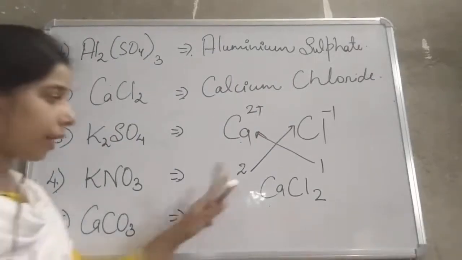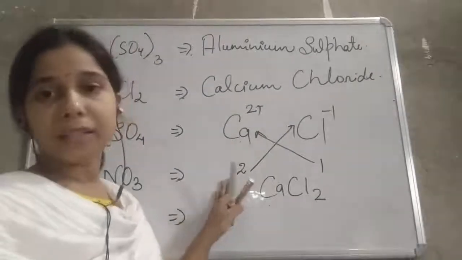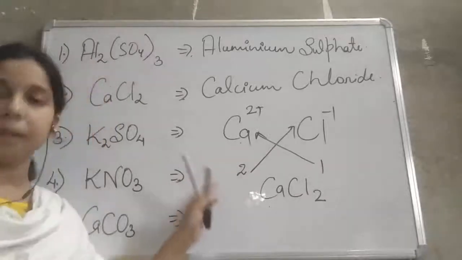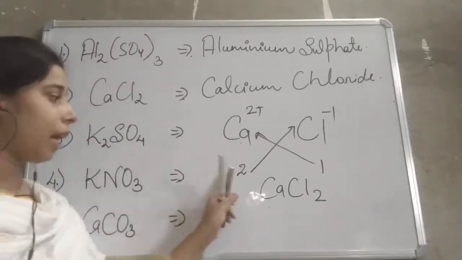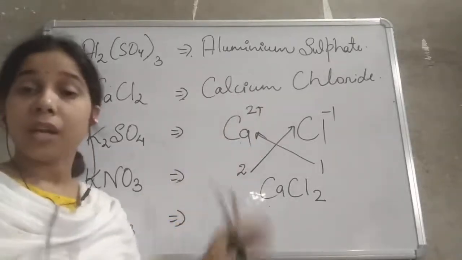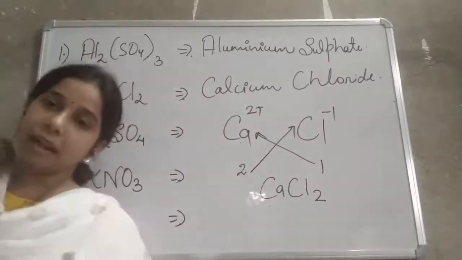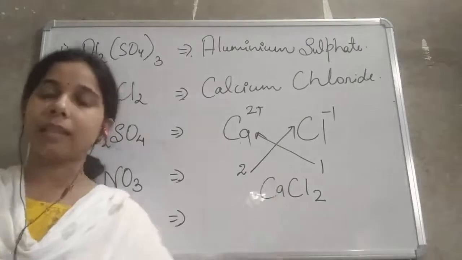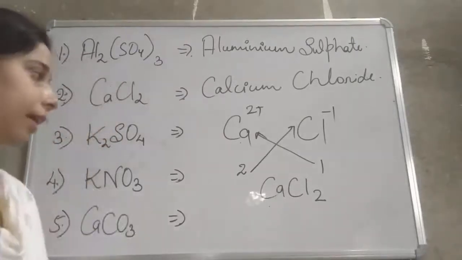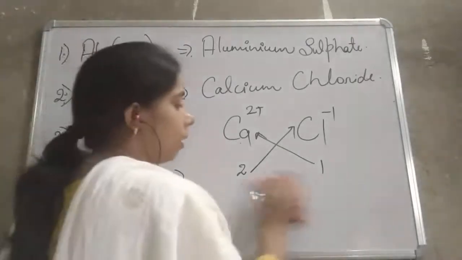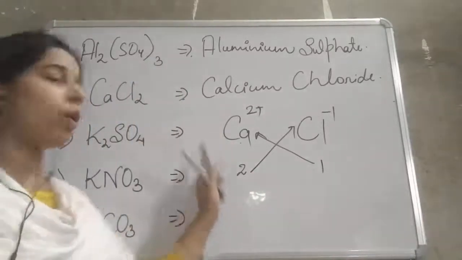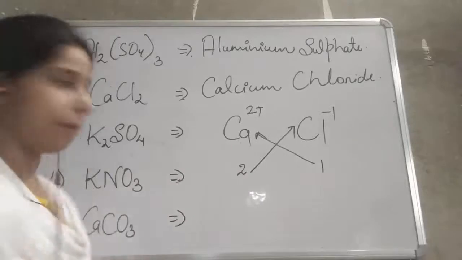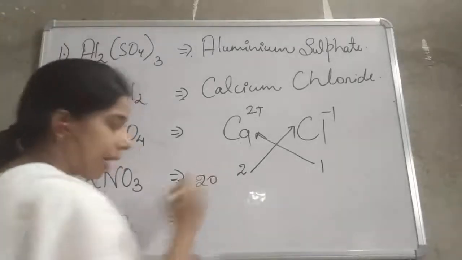Okay students, right now when we were writing the valency of this particular ion or cation, we had written it according to its charge. If you have to find the valency as we had studied for an element in a molecular compound, then you see here students, the atomic number of calcium is 20.